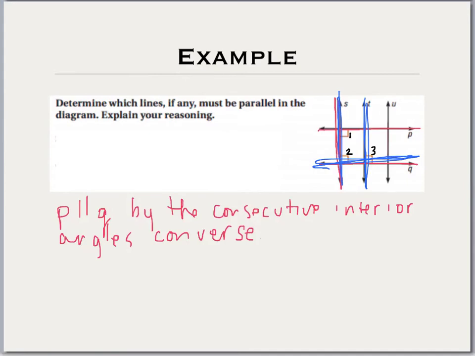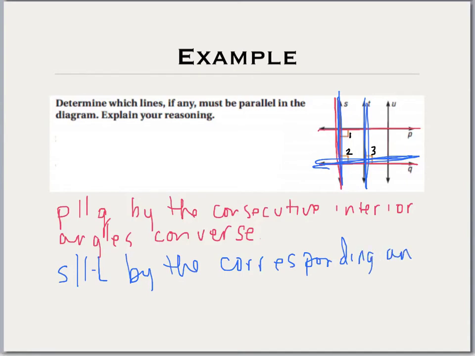So we can say now that S is parallel to T by the corresponding angles postulate. Okay. So hopefully those aren't too bad.